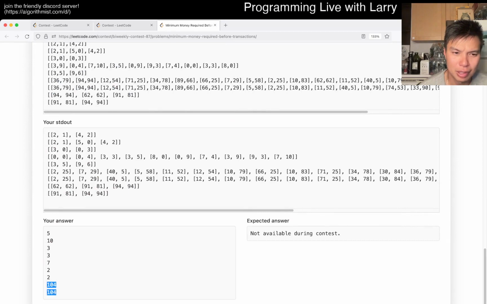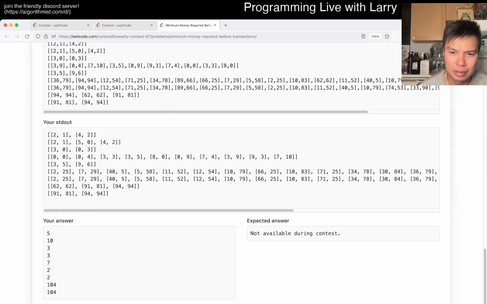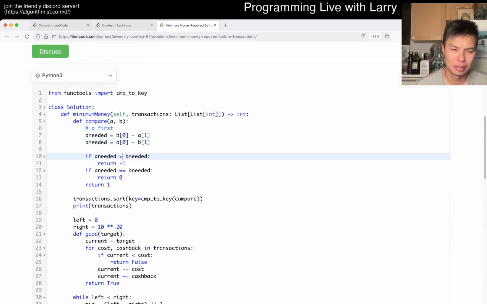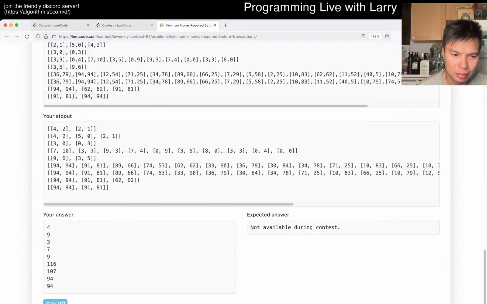Oh, this was probably right, but why is this only 2? Oh, because it goes into 2 and then... Why is this one so weird though? Okay, well, but still wrong. I was hoping, just trying to see.